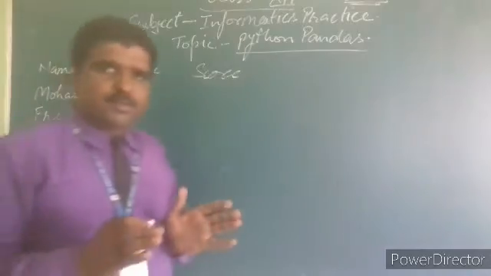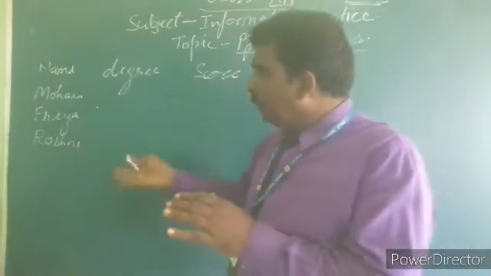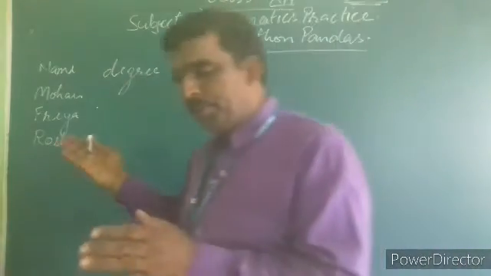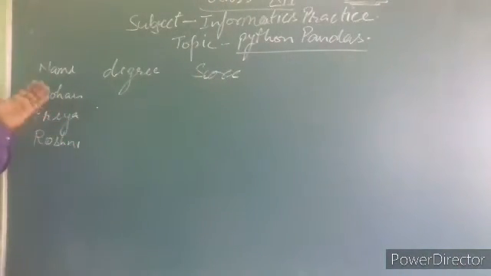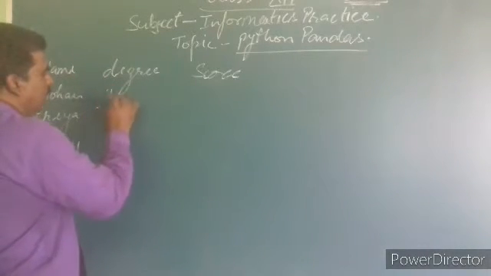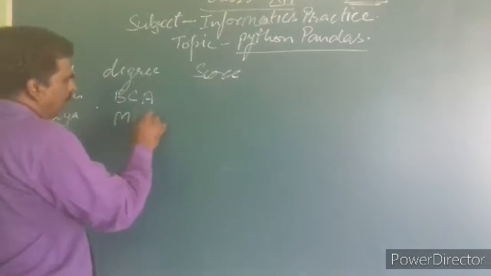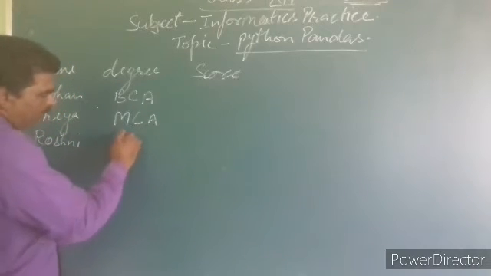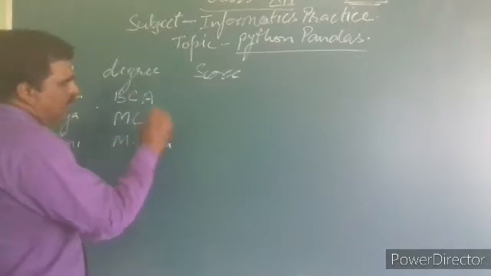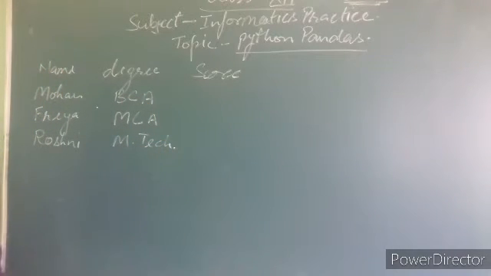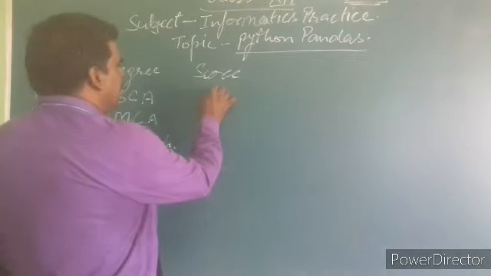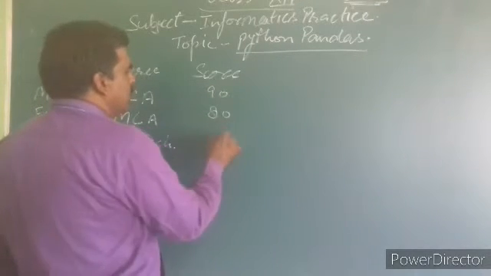The question is that if we want this type of output to be displayed, in which the data is kept in this form: in the degree, BCA, MCA and MTech, and any score we want to write here, like 90, 80, suppose 70.